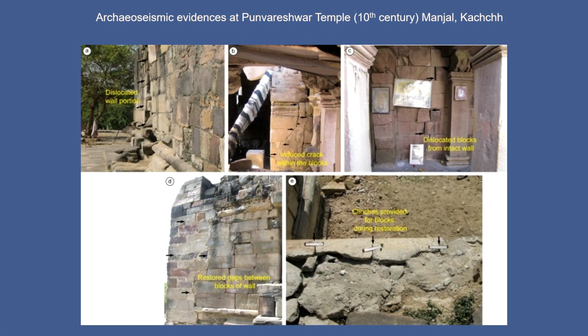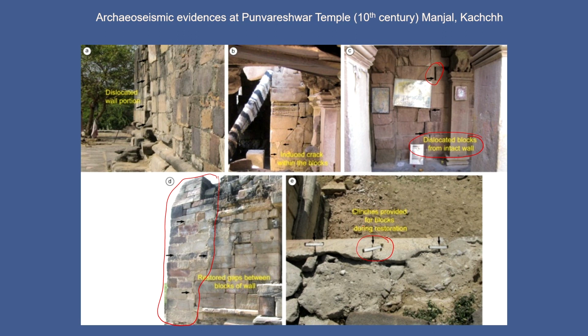We were even able to see that whatever damage probably occurred in the past to this structure had been restored. So you can see this is the restored area because of the damage caused by the earthquake. Even the dislocated blocks here were very clearly indicated, and the widening of the space between the two blocks was also very commonly seen.